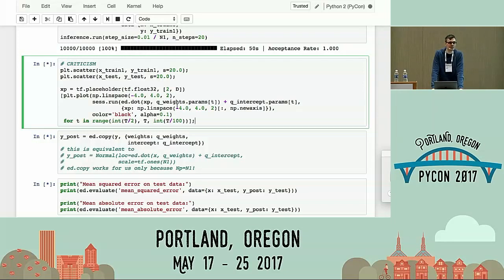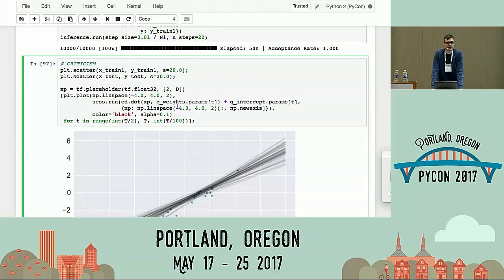I would like to use it more. Currently we don't. The thing is, I'm also using this tutorial to familiarize myself more with Edward. So I'm actually using Stan, if I can.